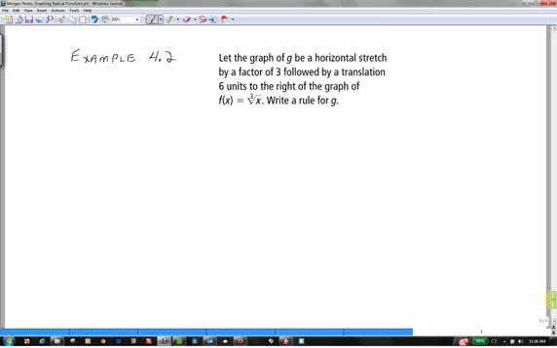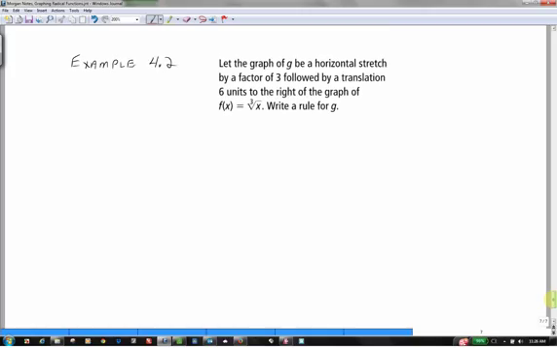Okay, so for this one, what we have is a horizontal stretch by a factor of 3. So first, horizontal, of course, that's x. We know that x will use the reciprocal of whatever the stretch is, c.